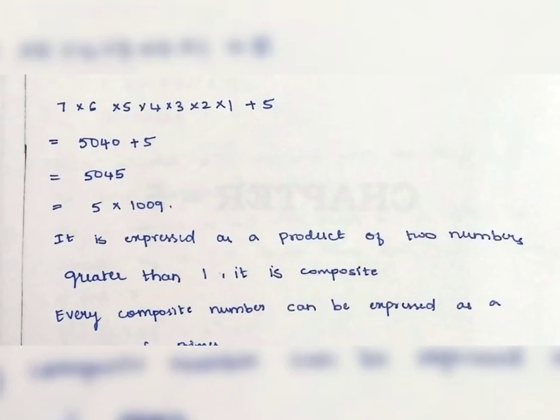Similarly for the next one, 7 into 6 into 5 into 4 into 3 into 2 into 1 plus 5. If we multiply all these things, we'll get 5040 plus 5, that is 5045. If we check this, 5045 is 5 into 1009.